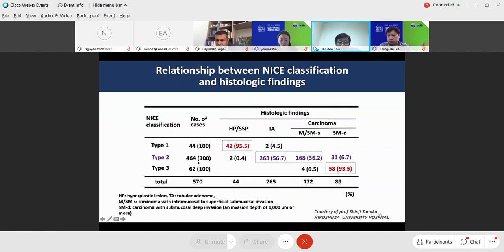So you can see that in NICE type 2, they are a mix of benign adenoma and some superficial cancer or high-grade dysplasia, and nearly 7% of deep invasive cancers.